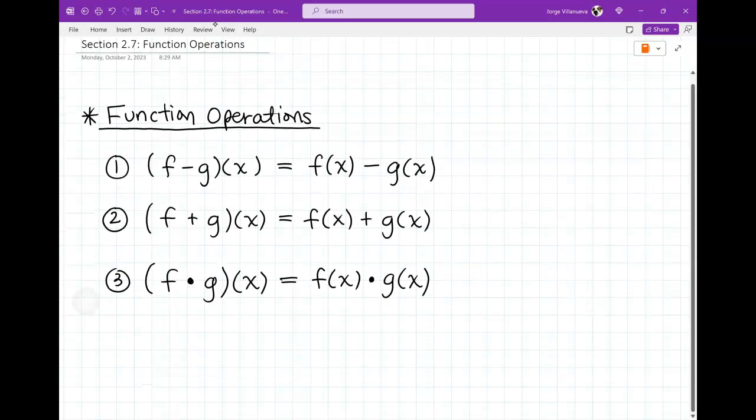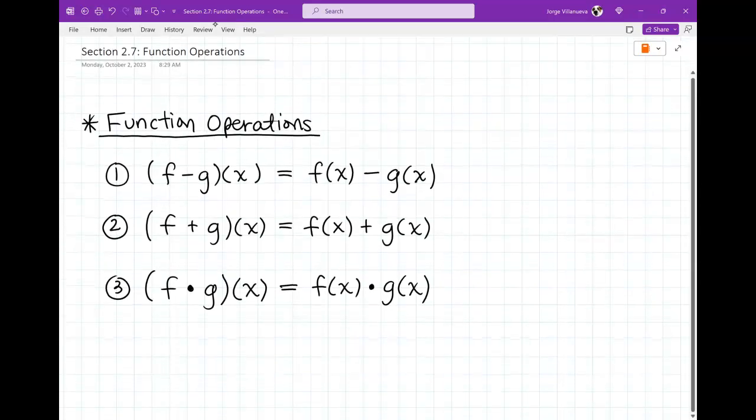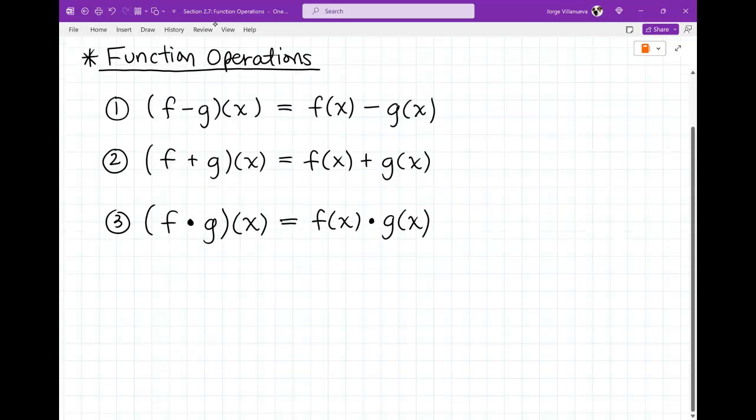So let me show you a couple of these things. You guys have, I think, 12 problems. We'll try doing one of each of the addition, subtraction, multiplication first, and then we'll see how many more we do after that. So here we go. All this says is perform the indicated operation.